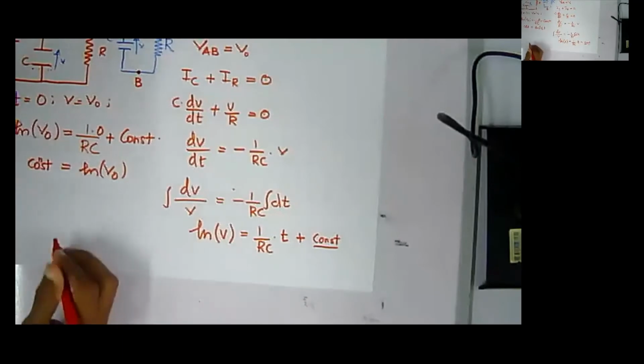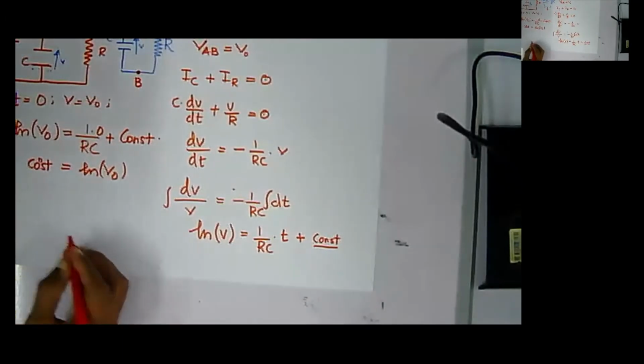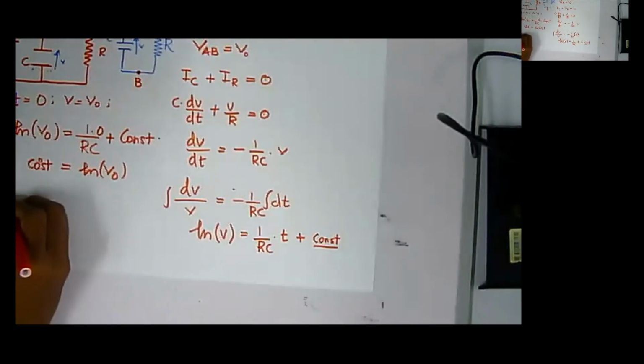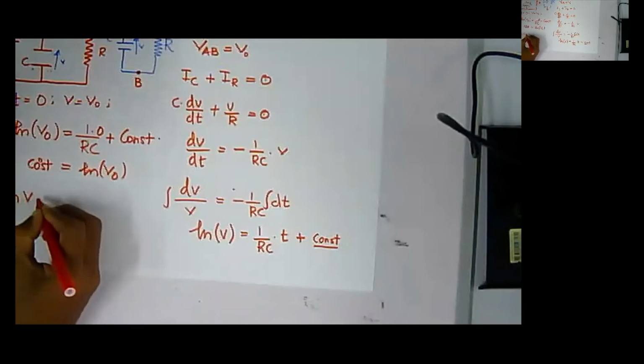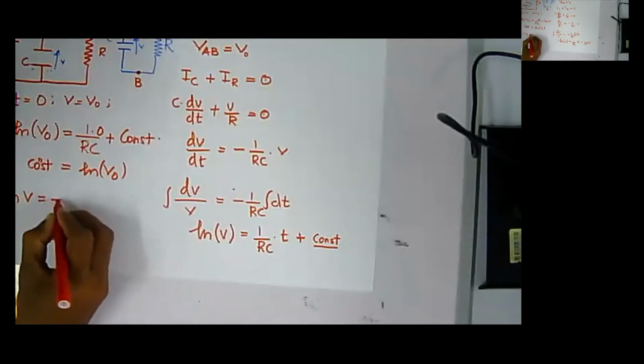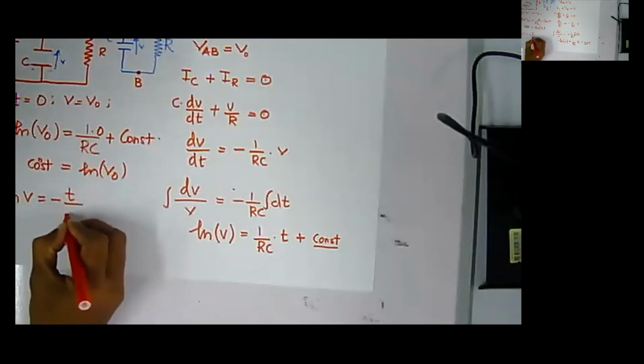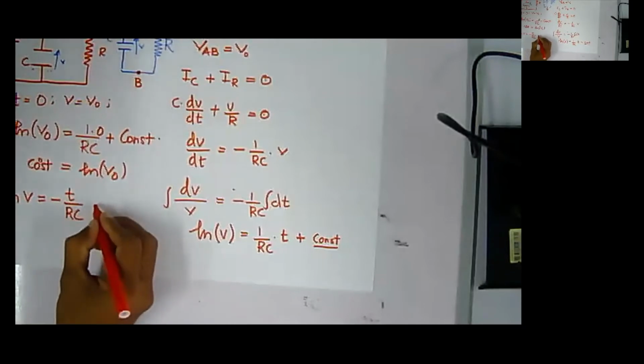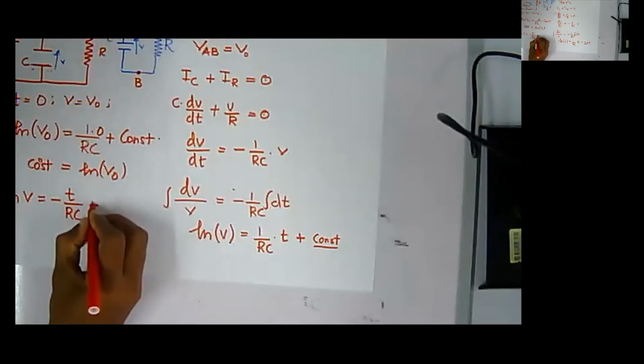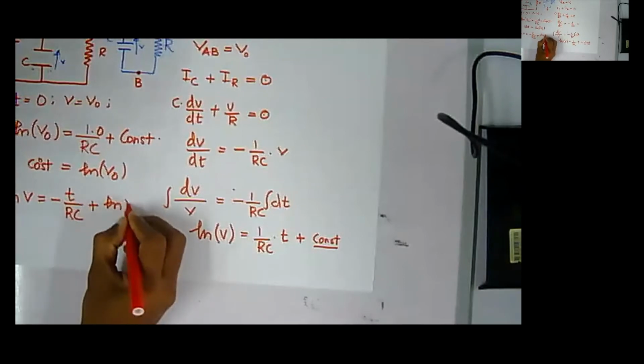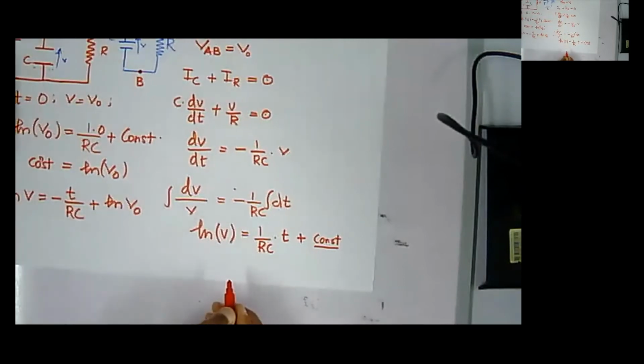So we can write ln V equals minus t by RC plus ln V naught.